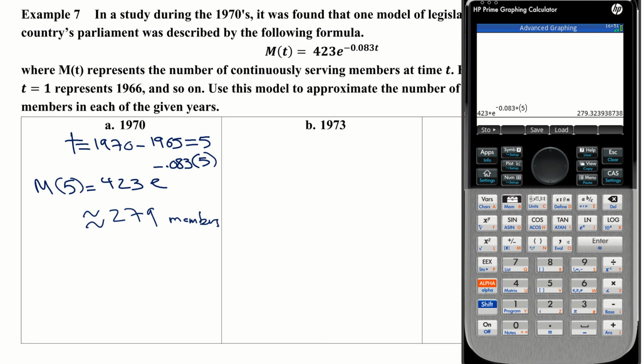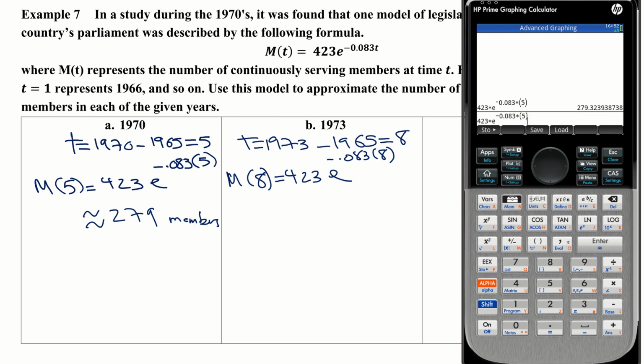All right, so in 1973, remember, t is easy to find. We're just going to go 1973 minus 1965, and that is, of course, 8. So all we need to do is find M of 8, which is going to be 423 times e to the power of negative 0.083 times 8.